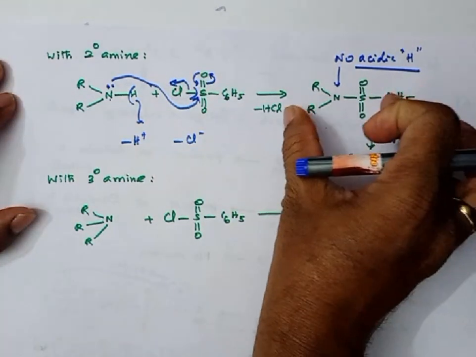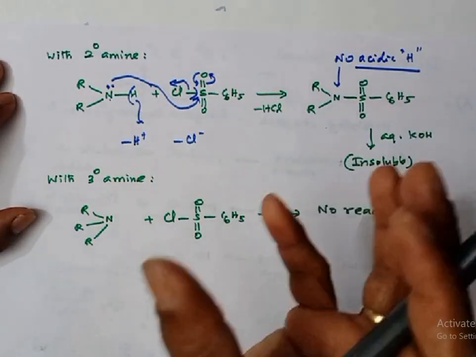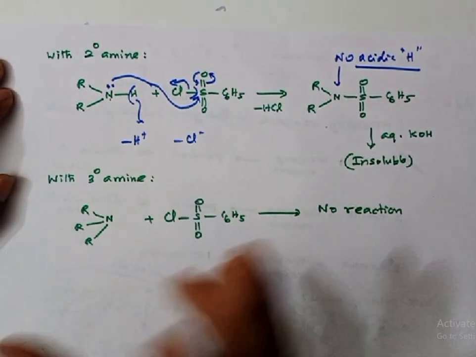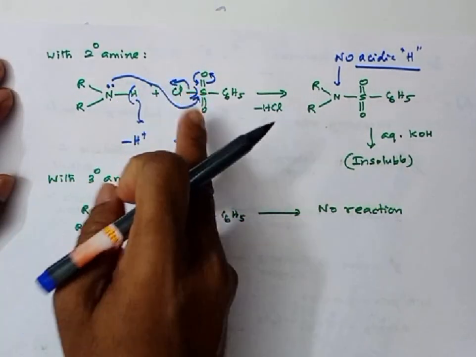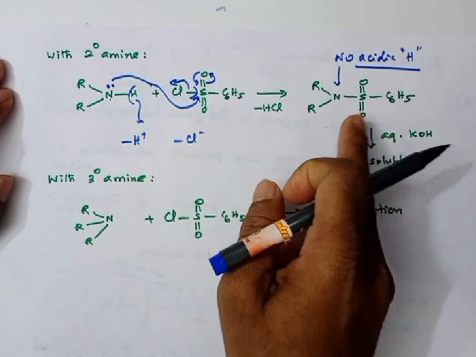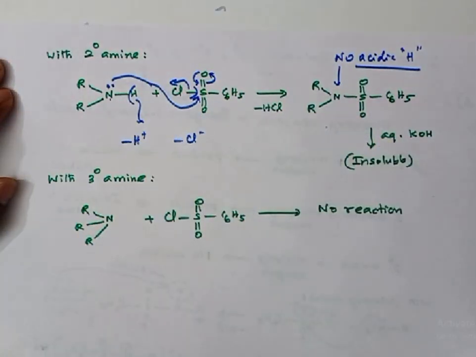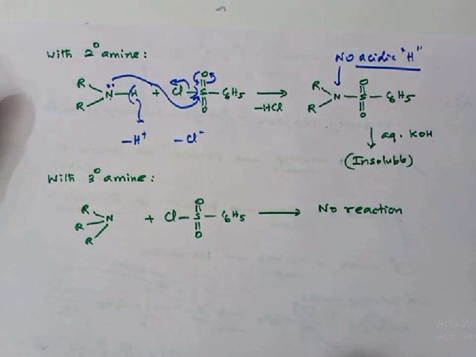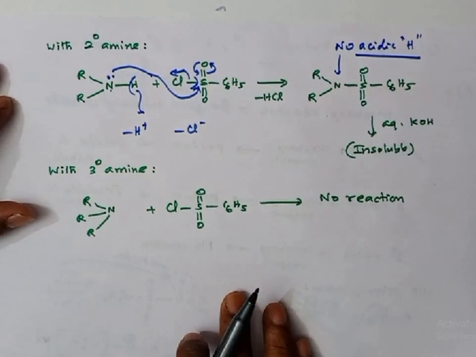So this product is insoluble in water and appears like a heterogeneous solution. With the primary amine, you get a clear, homogeneous solution. With the secondary amine, the reaction takes place, but the product is insoluble in aqueous KOH, so you get a heterogeneous solution.